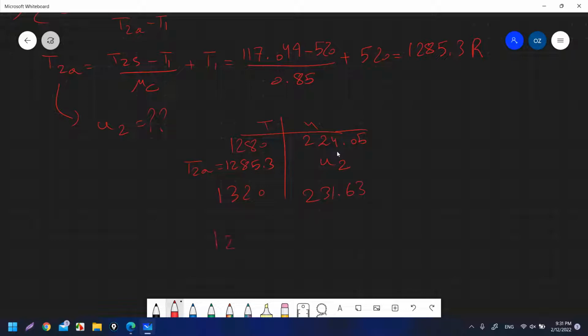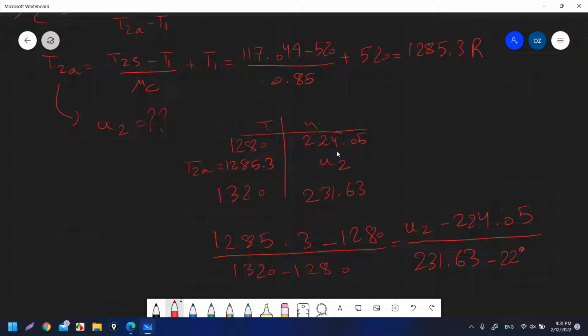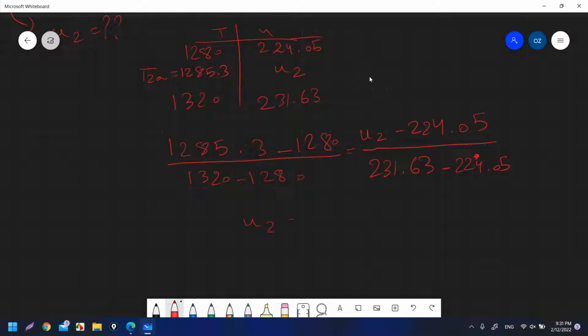So 1285.3 minus 1280 over 1320 minus 1280 is equal to U2 minus 224.05 over 231.63 minus 224.05. Okay, U2 is equal to 225.05 BTU over pound mass.